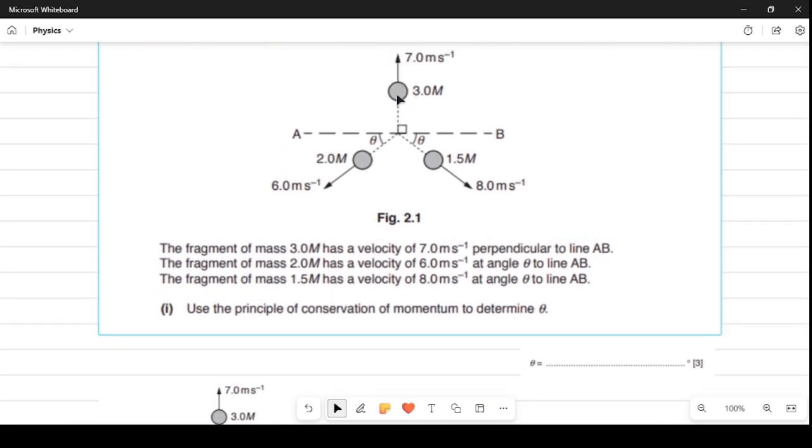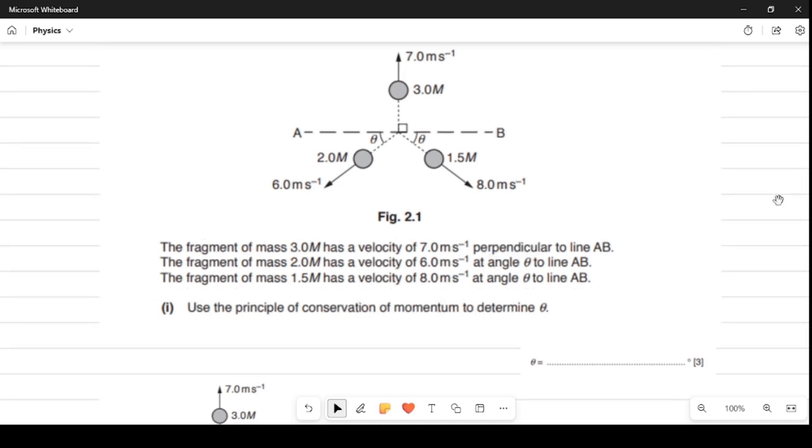So you have this fragment of 3m, we don't know what m is, and it's moving with a velocity of 7 meters per second. The second fragment with a mass of 2m has a velocity of 6. And the third fragment with a mass of 1.5m has a velocity of 8 and at an angle of theta. Okay. Use the principle of conservation of momentum to determine theta.